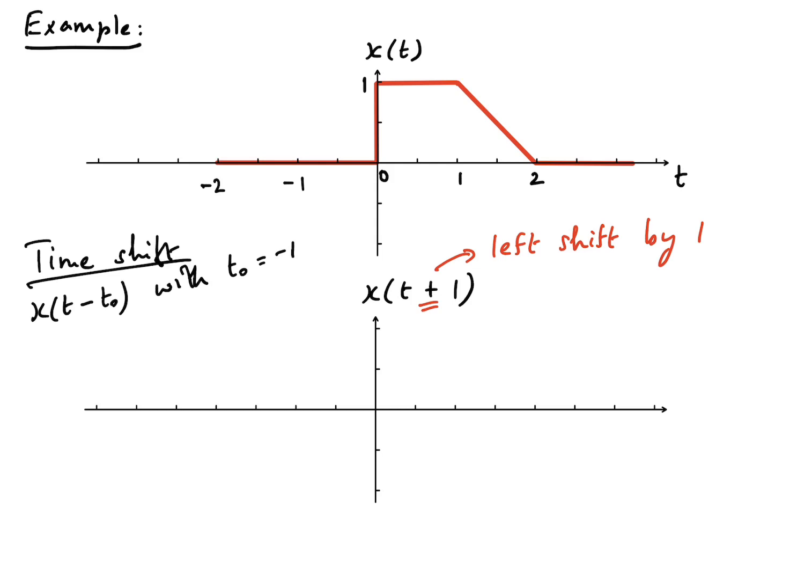In which case, let's mark the axis values. Now the axis values are still 0, that's 1, that's 2, that's minus 1, that's minus 2, and so on. Whatever has been happening at 0 will happen at minus 1. So the signal is going to look like this.